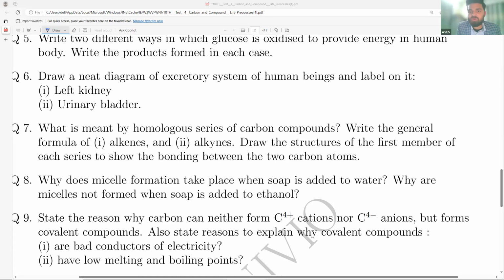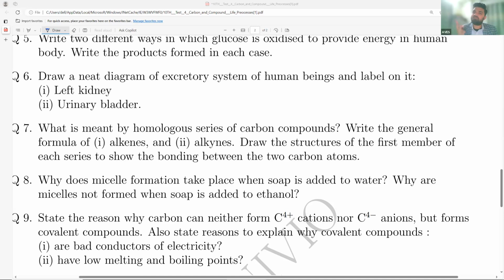But still they are not homologs. Why are they not homologs? The reason is that they differ by a CH2 group, but they have a different functional group.